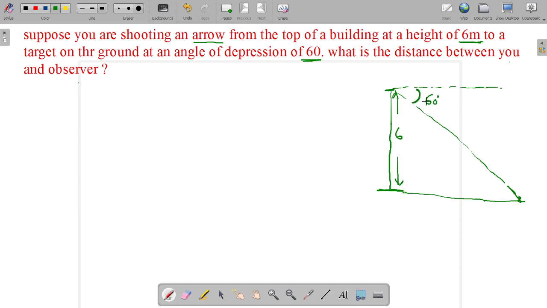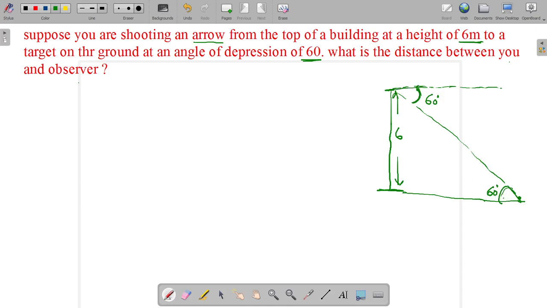Suppose this is 60, then this automatically becomes 60. This is a property of triangles. Otherwise, another logic is there.